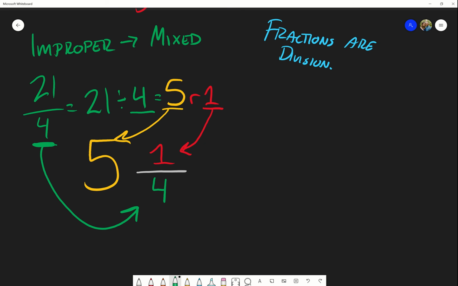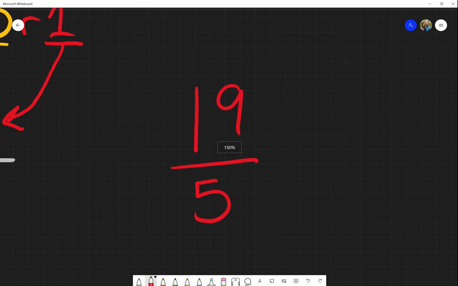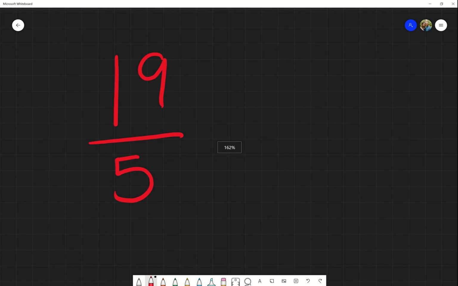So go ahead on this one, try and convert this improper fraction. We'll say we have 19 over 5. So convert 19 over 5 to a mixed number.